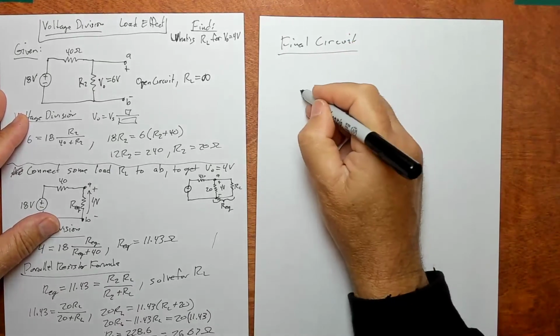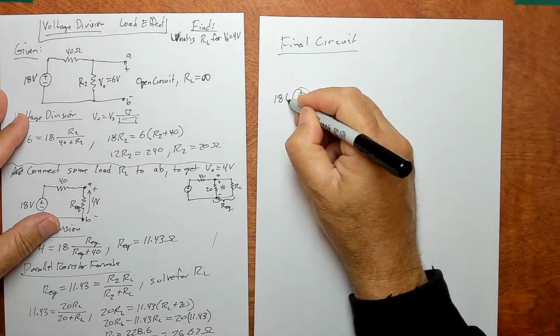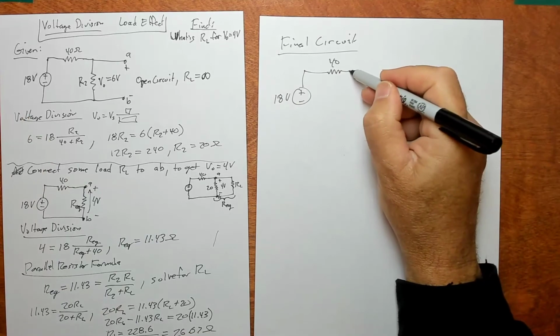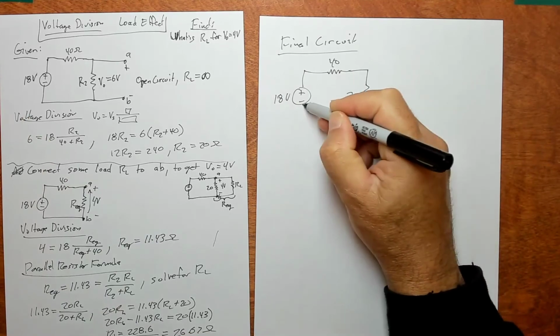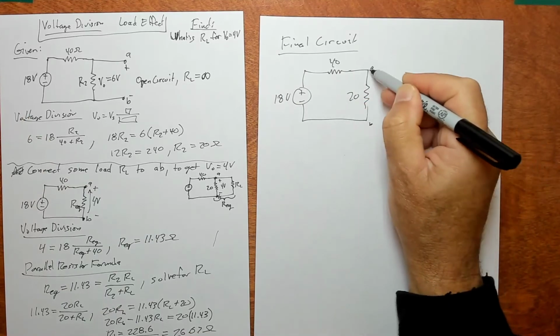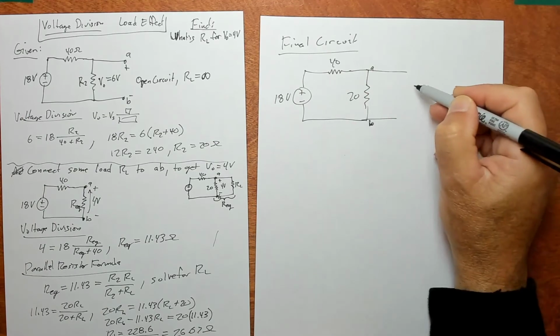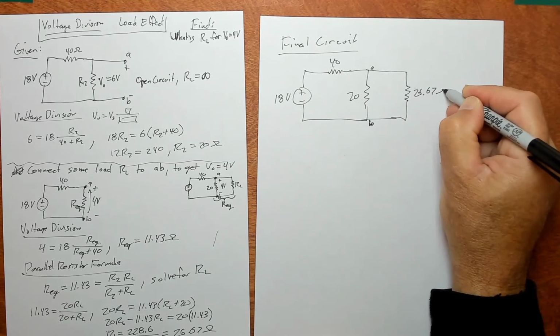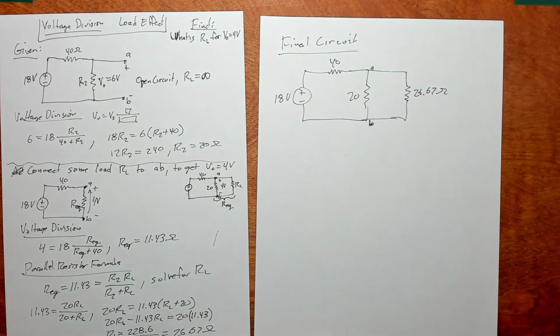The final circuit is going to be, just to be clear, the 40 sitting here, and this 20 sitting here, and then across terminals A, B, we hooked up this, a 26.67 ohm resistor. Okay.